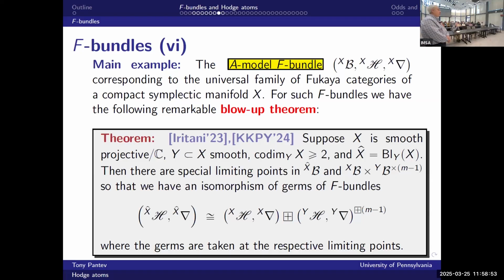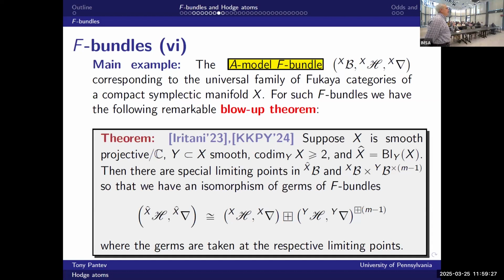The A model F bundle for the blowup breaks into a direct sum of the A model F bundle for the original X and n-1 copies of the A model F bundle for the center of the blowup. And you need to choose your points where these germs are taken slightly carefully, but there is always such an isomorphism.